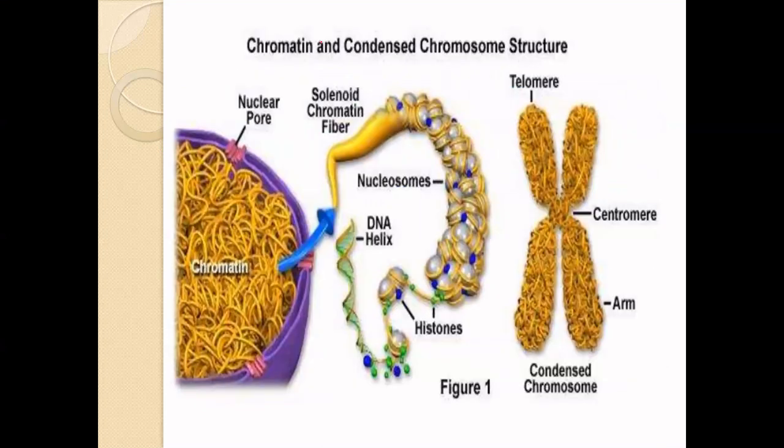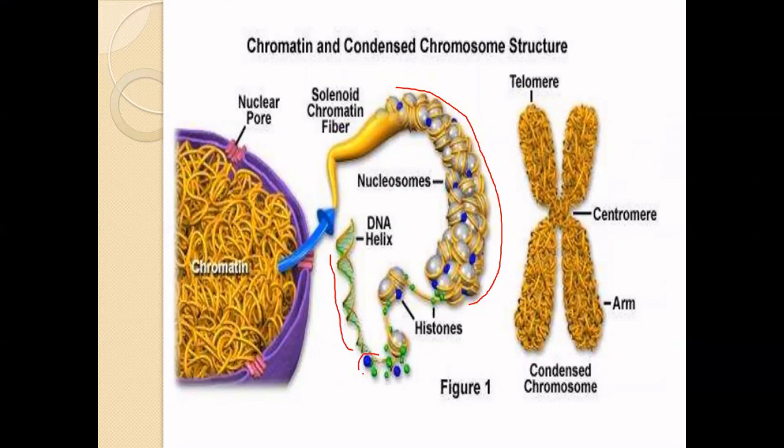So this is somehow the structure of chromatin and chromosome. This is some uncondensed chromatin structure present inside the chromosome, and in the latter part it is getting condensed. This is the DNA.